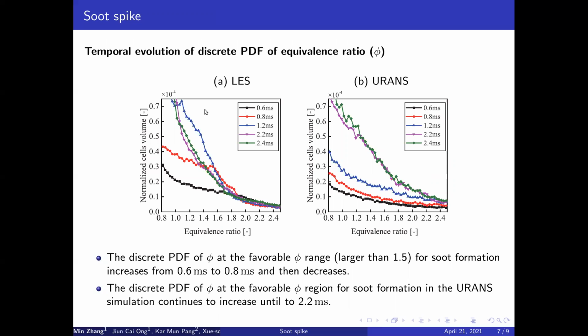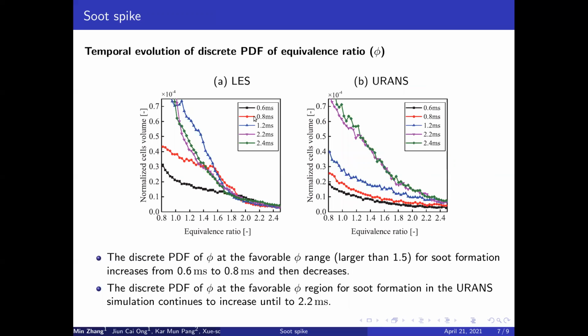In this slide, we check the temporal evolution of discrete PDF of equivalence ratio. As you can see, in the LES case, we can see that the discrete PDF of phi at the favorable phi region, larger than 1.5, for soot formation, increase from 0.6 millisecond to 0.8 millisecond, and then decreases.